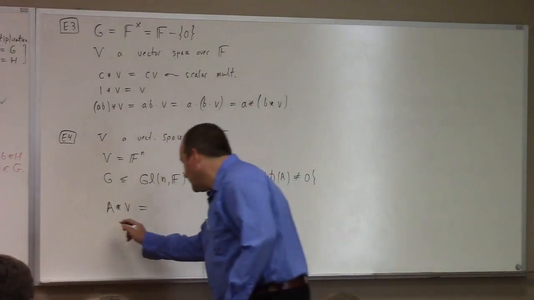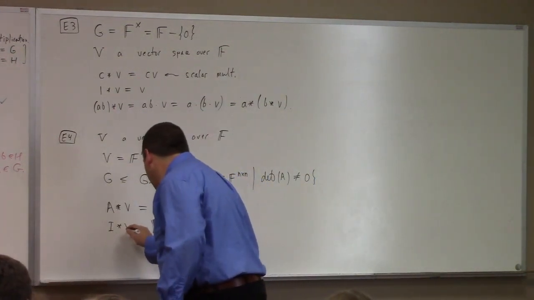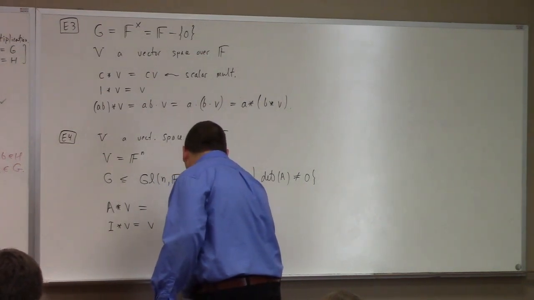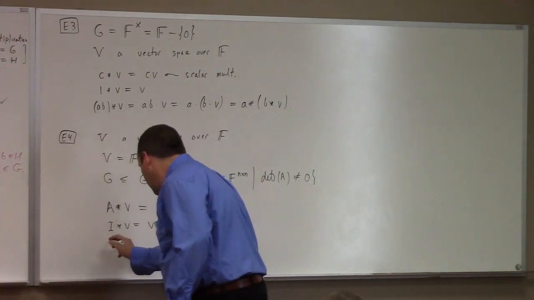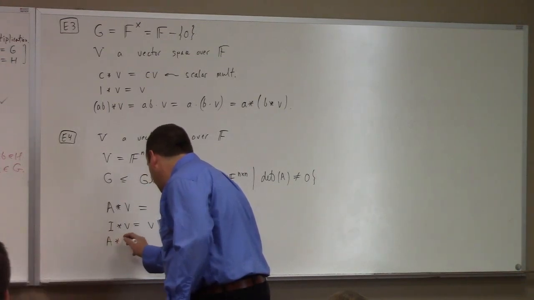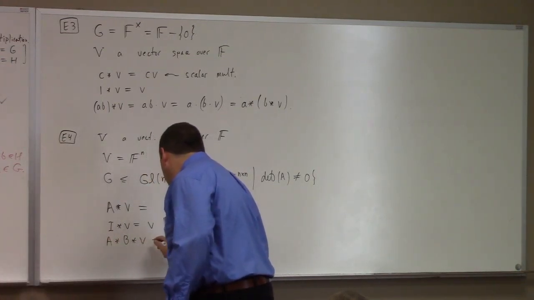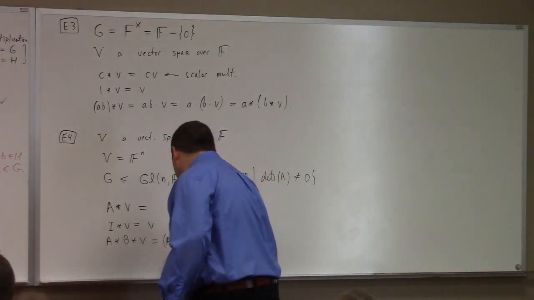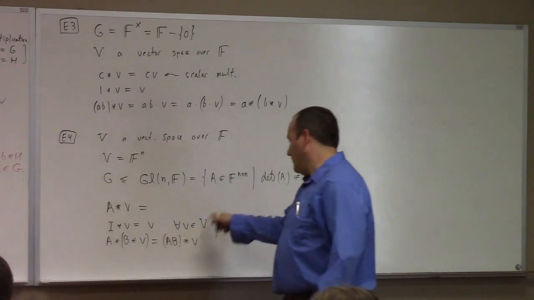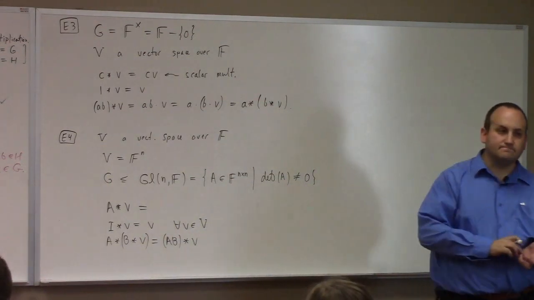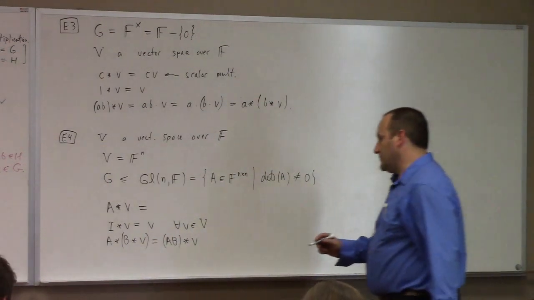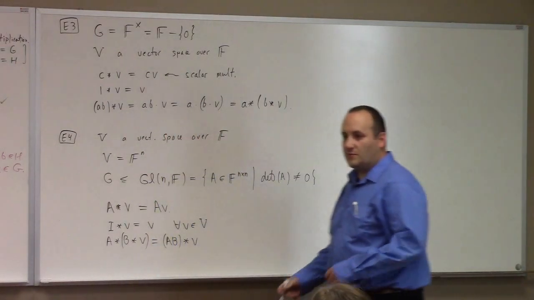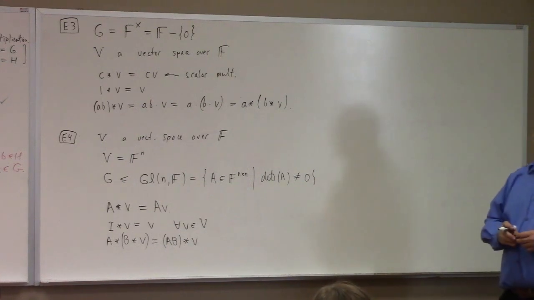We need that the identity acting on v is equal to v for all v in the vector space. And we also need that if I have a times b times v, it's equal to ab times v. What will do these two things for us? Right, you guys got it, multiplication. So plain old matrix column vector multiplication defines a group action. Indeed.